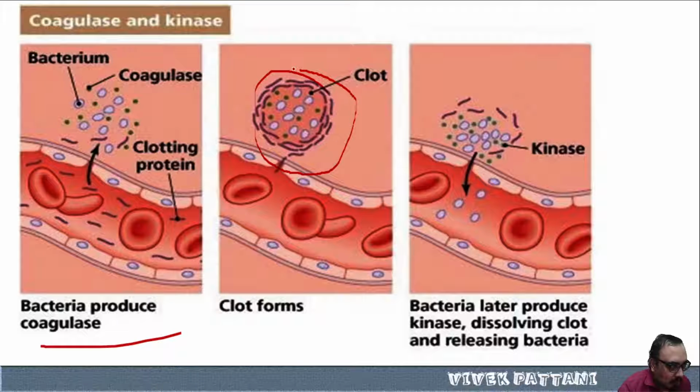This clot helps as a layer for the staphylococci or other bacteria which produce this coagulase enzyme against various immune system mechanisms. Later, if they want to infect further, they produce the enzyme kinase. This kinase basically dissolves the clot and releases the bacteria into the cell layers.